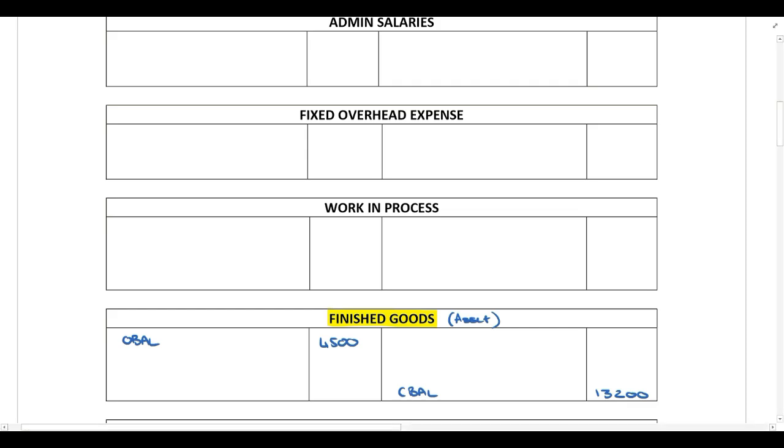So here's my work in process account. This is also a category of inventory, so this is also an asset. We debited work in process, we credited our raw material inventory, 97,000 rand.